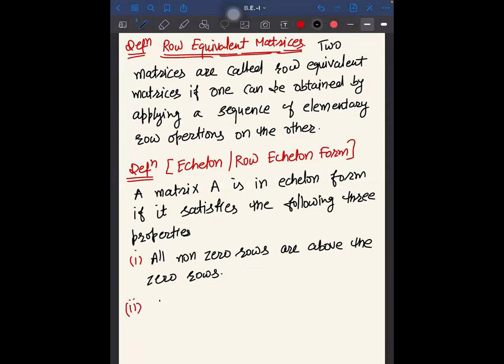Second, each leading entry. Now, what is this leading entry? This leading entry means the first non-zero entry of a row, right?